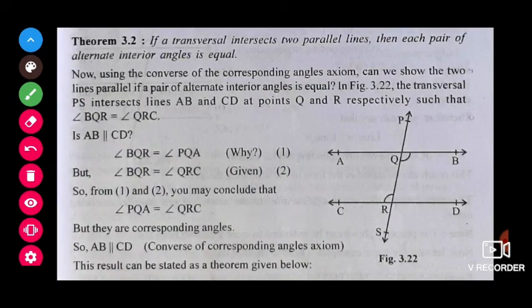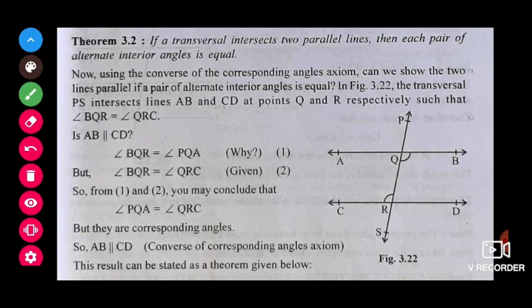Next, theorem 3.2, children. If a transversal intersects two parallel lines, then each pair of alternate interior angles is equal. The same thing, children, whatever we proved now, we are going to prove again here. Earlier we used the converse of the corresponding angles axiom to show that two lines are parallel if the pair of alternate interior angles is equal.